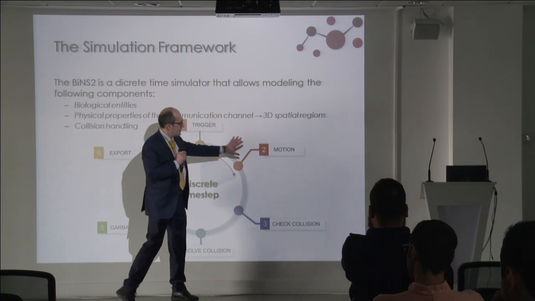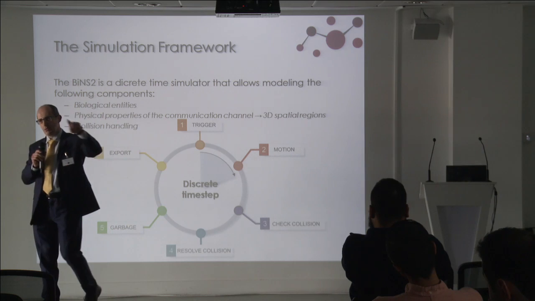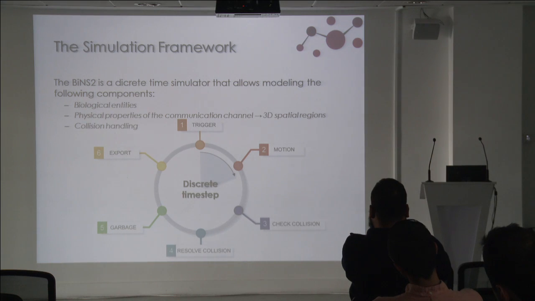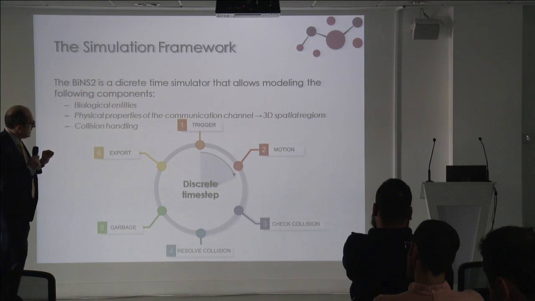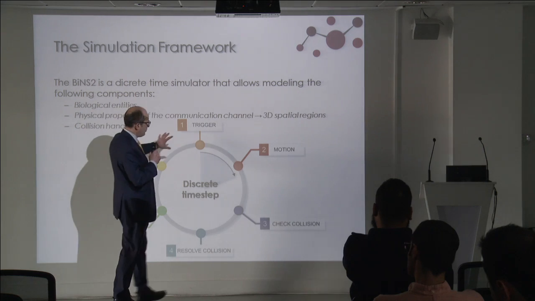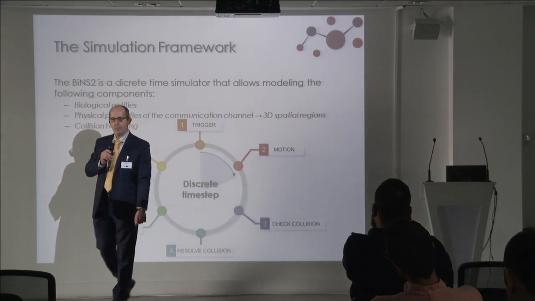The most important component of this circular time step is the motion phase. According to the motion strategies, all the particles have to move. And after elementary movement, the particles could collide.